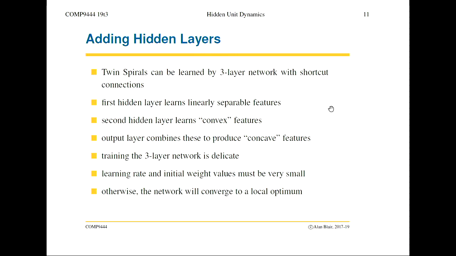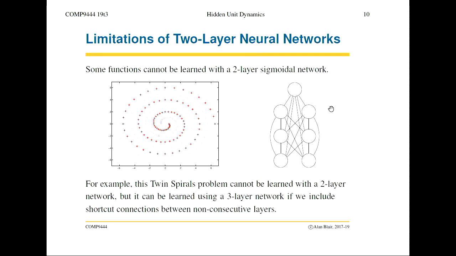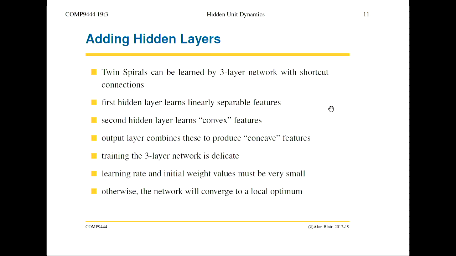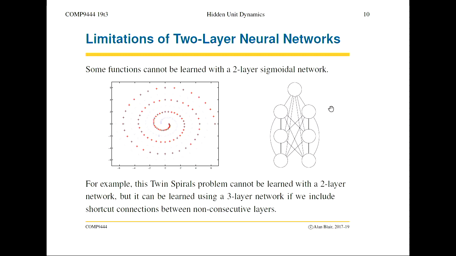The boundary that's produced by that second hidden layer is convex but not concave. But then by putting together these convex functions in the third layer, you can get this kind of concave function that separates these two classes. So here's one example of successful training of a three-layer network.